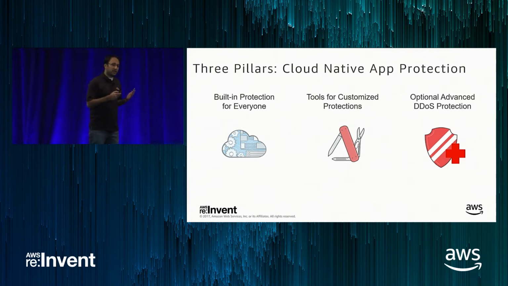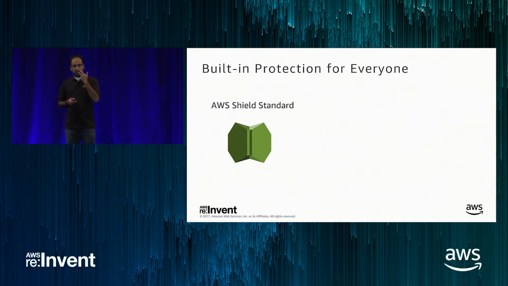There is built-in protection that's available for all customers, just because you use AWS. In addition, there are tools that you can use for customized protection specific to your application's needs. And lastly, there are optional advanced DDoS protection services that you can use to get an up-leveling of DDoS protection and other security capabilities. Let's look at each one of these, and we'll start with built-in protection.